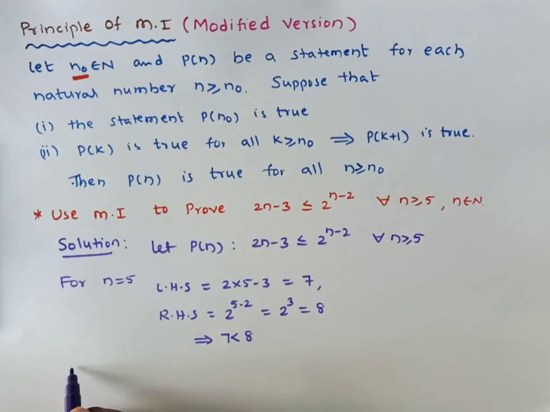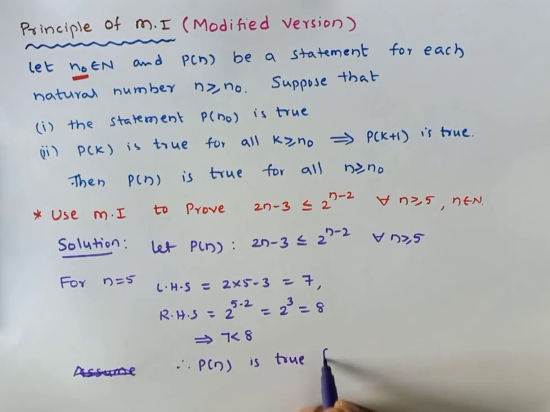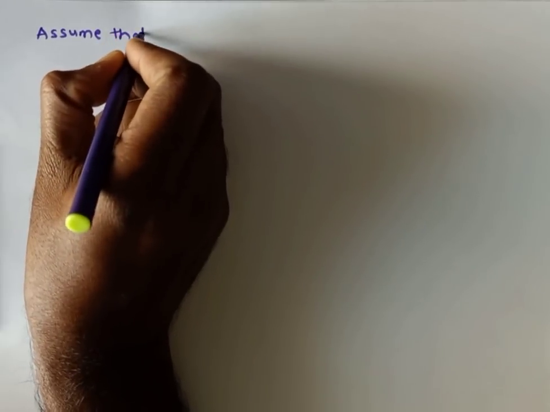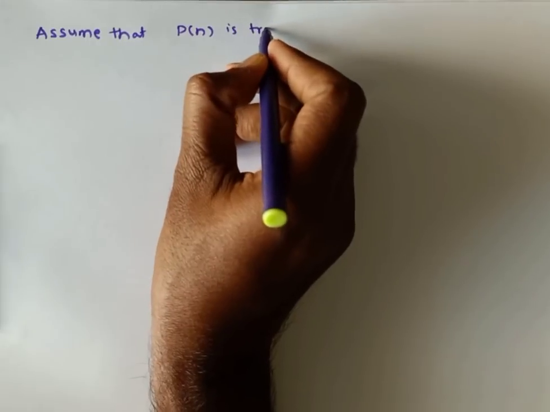Next thing is assumption. What is the assumption here? First you need to write: therefore the statement p of n is true for n equals to 5. Now the second step is the assumption. You just need to assume p of n is true for n equals to k.